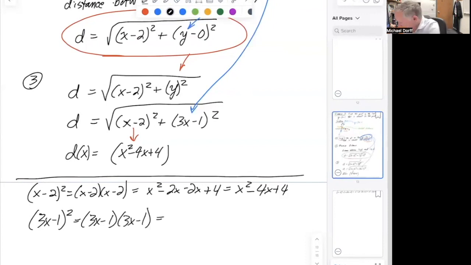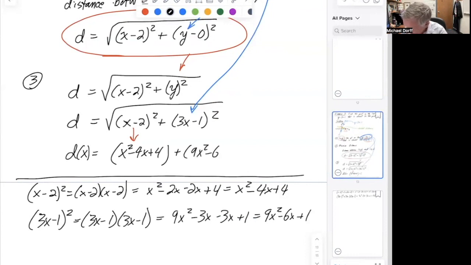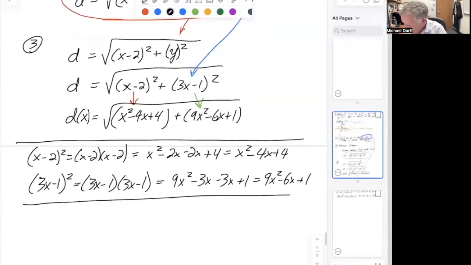And when I multiply that all together and FOIL it out, I'm going to get 9x squared minus 3x minus 3x plus 1. And that's going to be 9x squared minus 6x plus 1. And so I'm going to get a 9x squared minus 6x plus 1 here. And that is, using a different color here, that's this part here. And then after I add those together, I've got the square root of all that. Okay.